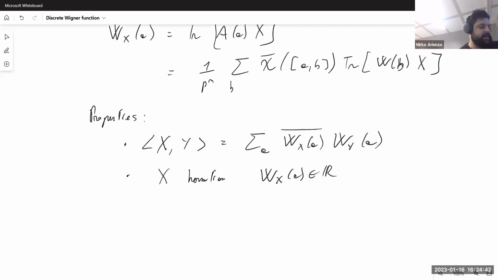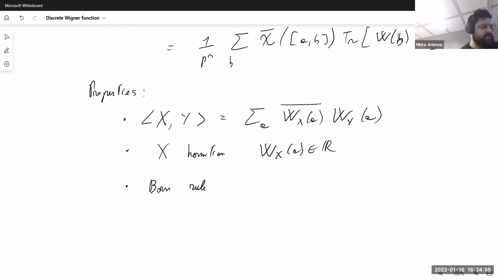And basically, you can also rewrite the Born rule in this language. To do this, you just need to give a Wigner description of, if you want, channels and POVMs. So for a channel, well, it's just a superoperator.